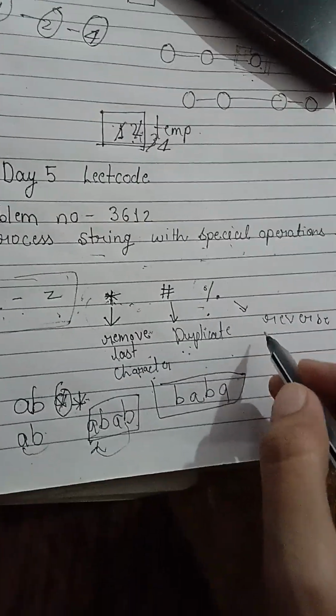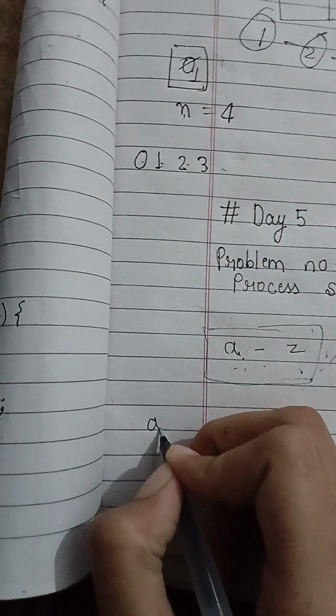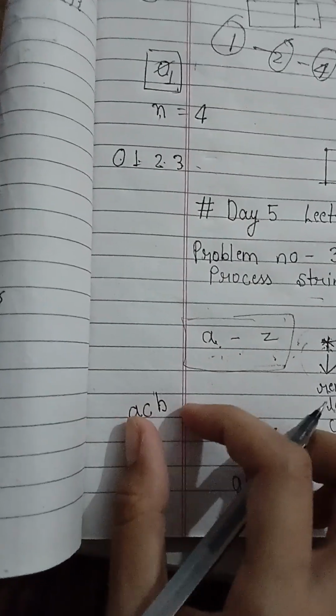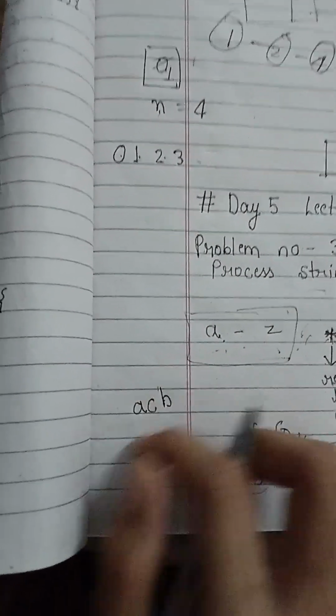The third one, percent, reverses the string. If we take an example, say a, b, and c, one string of three characters.